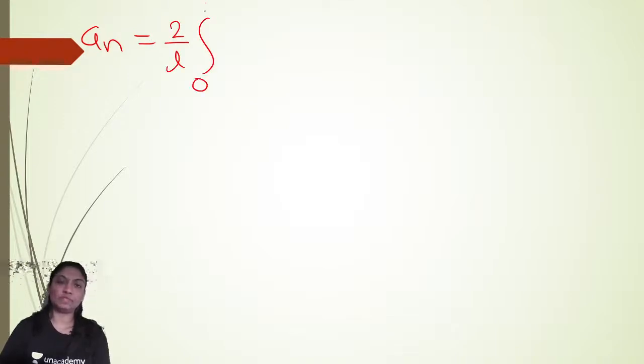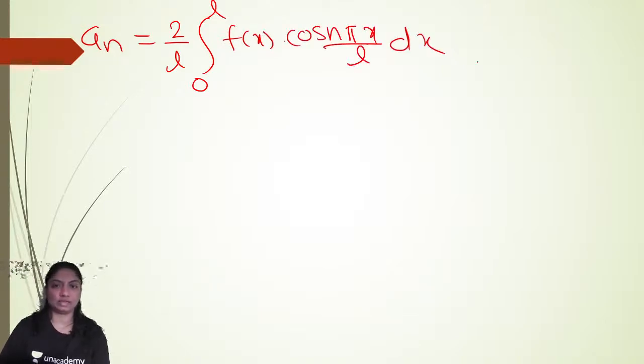Next, an. So what is the value of an? an is equal to 2 by L integral from 0 to L f of x into cos n pi x by L dx.